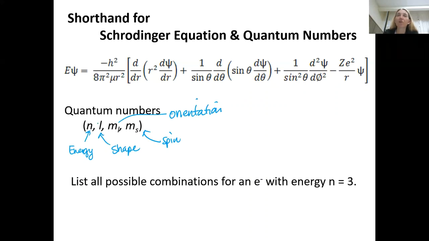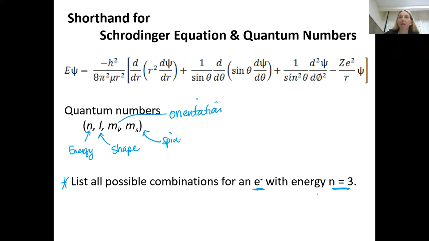So there are those 4 quantum numbers, which is like an address of where those electrons can exist. Now, what I want to do is look at the rules of what those numbers can be and list all of the possible combinations for an electron that has an energy of n equals 3.